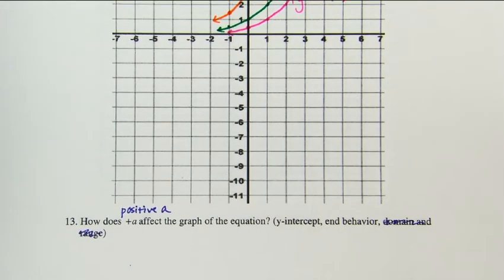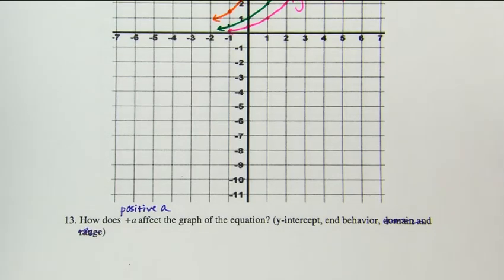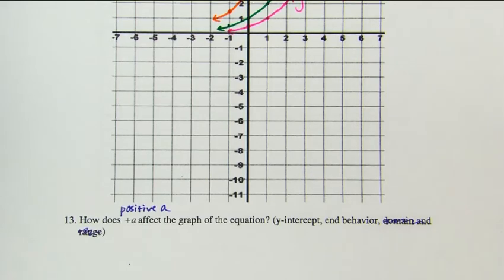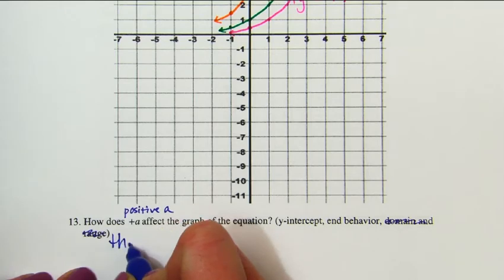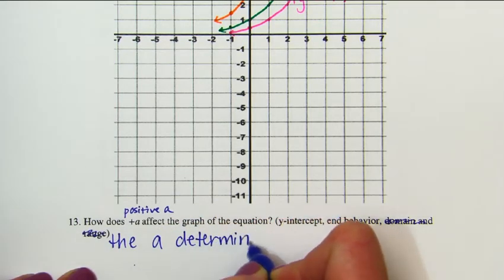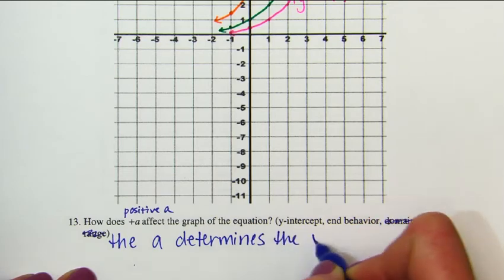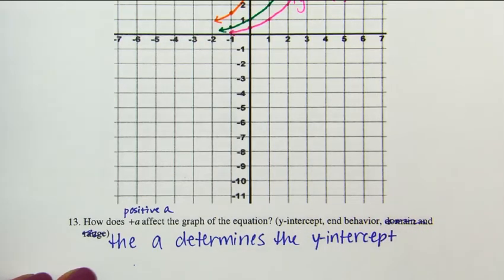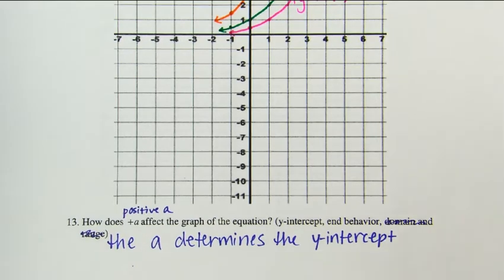Now we're seeing that the a actually determines the y-intercept. The reason we never saw it change on the other page was because the a was constantly 1. So the a determines the y-intercept. If the a is positive, the y-intercept will be positive.